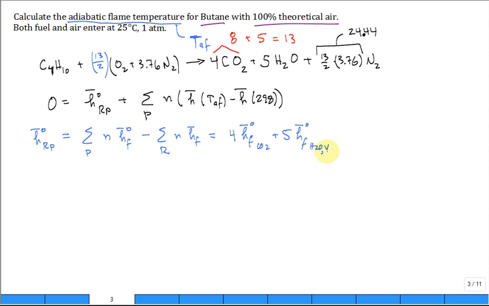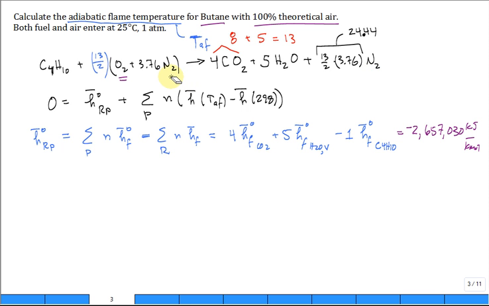And then subtracting the coefficient 1 in front of the butane fuel, the enthalpy of formation for the C4H10 fuel, giving us a total, when you make that computation, of negative 2,657,030 kilojoules per kilomole. Note that the enthalpy of formation of the oxygen and the nitrogen are 0.